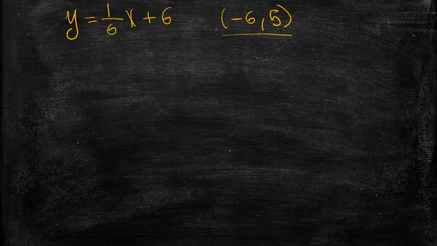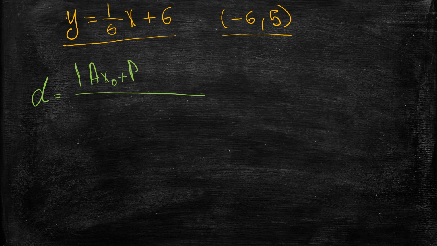So in this case, we need to use a different formula. The formula that we're going to use is D equals the absolute value of ax0 plus by0 plus c divided by the square root of a squared plus b squared.